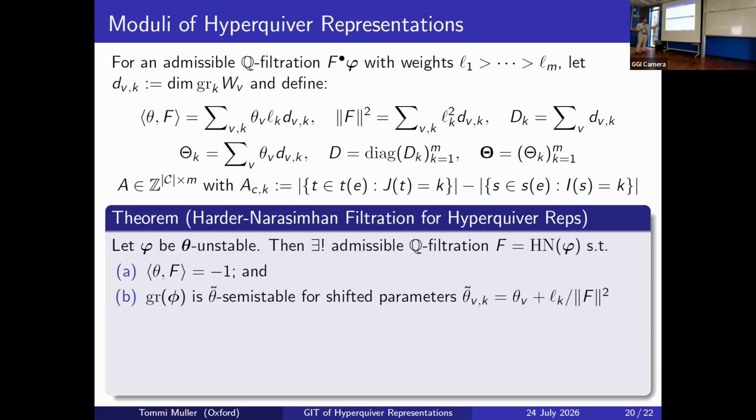But semi-stable not for theta, but for some shifted parameters, which we call theta tilde. This is for the action of the Levi subgroup associated to this filtration. This kind of shift is something you often see in applied algebraic geometry. So these are the two defining conditions for the HN filtration, which makes it unique.